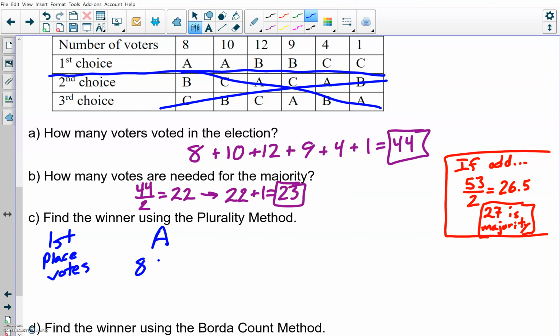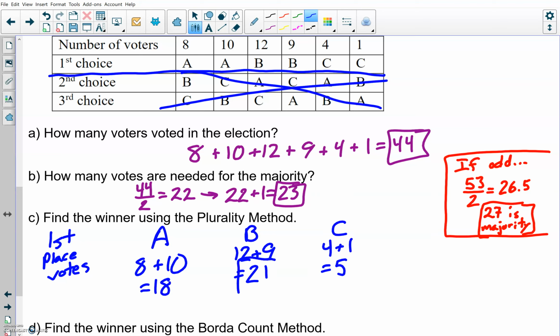A had 8 plus 10. Just looking at those first 2 columns, A was the first choice there. So 18 total. B, 12 plus 9 equals 21. And then C, 4 plus 1 equals 5. B had the most first place votes. By the plurality method, B is the winner.